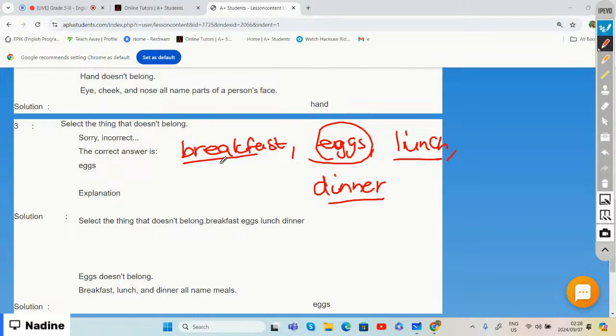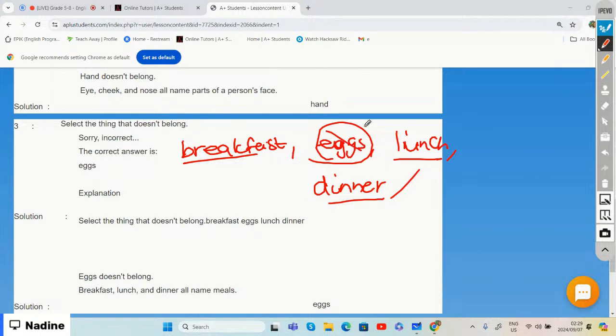Meaning in the morning we have breakfast. In the afternoon we have lunch, at night we have dinner. Eggs is like a food or a staple that you need to add into that specific meal. It's either we're having eggs for breakfast or we're adding eggs for lunch or we're adding an egg on a steak or something like that, right?